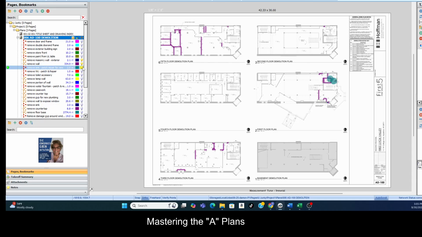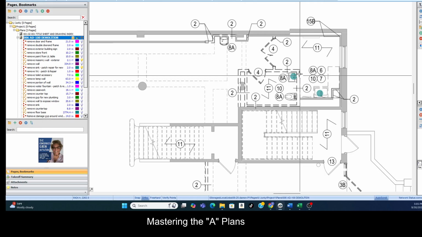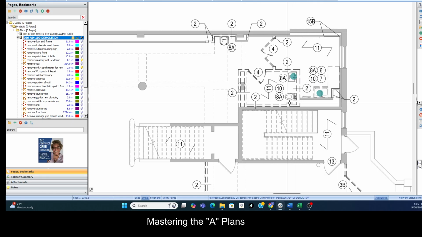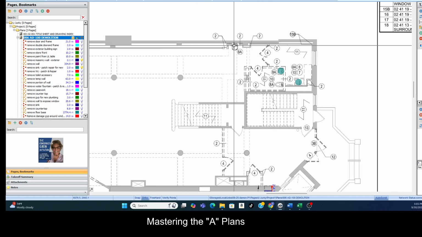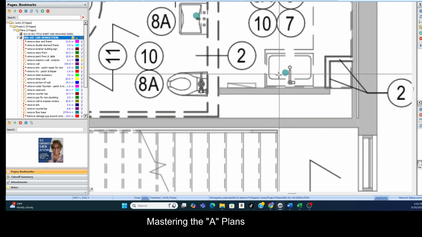And next is remove the sink. And they had a bunch of remove the plumbing fixture and repair. But I broke it down. The sinks, the water closets, they had water fountains, where there were 4 locations where you were going to repair the back of where you took the plumbing equipment out.